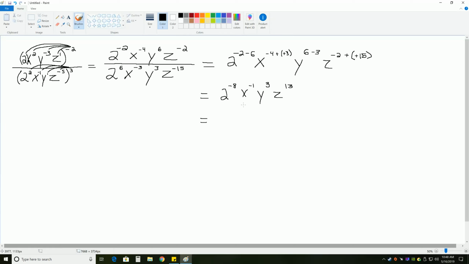And now at this point, we never want to leave negative exponents in our final answer. That isn't simplified. So we have to change these two exponents on the 2 and the x to positive exponents. And in order to do that, always remember a negative exponent just means you take your value and put it in the opposite part of your fraction.